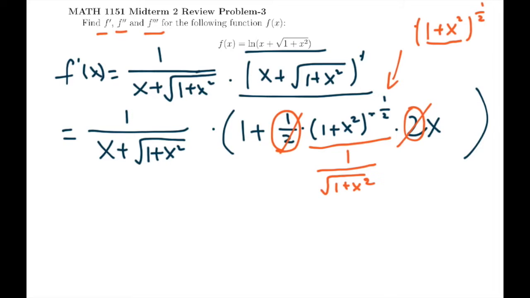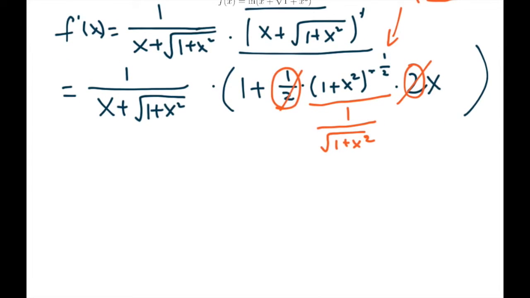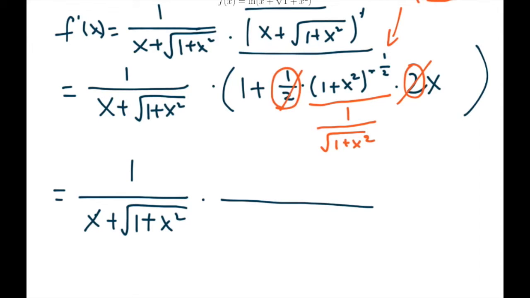Okay, and then if we combine these pieces, we have again 1 over x plus square root of 1 plus x squared times 1 plus, 1 times, we have an x here, so it is not 1, it is just x over square root of 1 plus x squared.